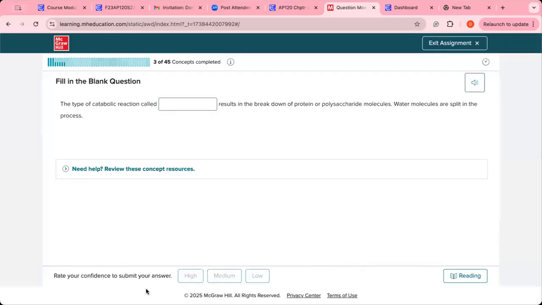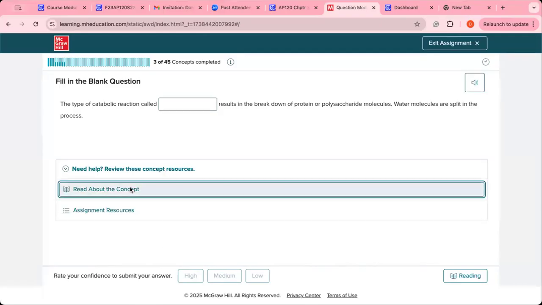The type of catabolic reaction called blank results in the breakdown of protein or polysaccharide molecules. Water molecules are split in the process. I think that's hydrolysis, but let's review it.